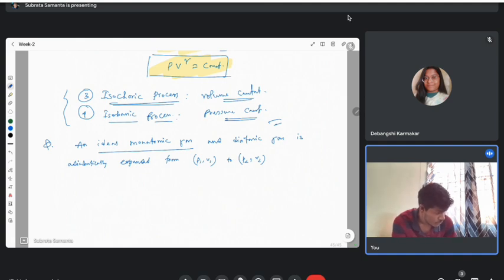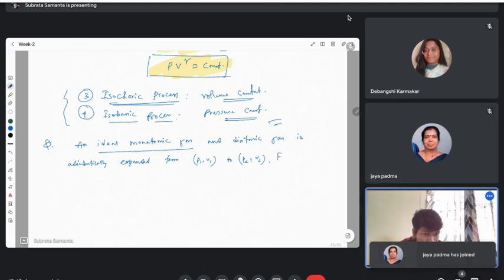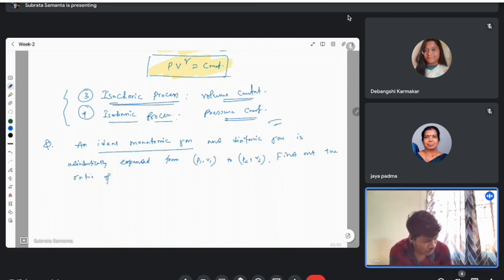Find out the ratio of the work done for the monatomic gas and the diatomic gas.